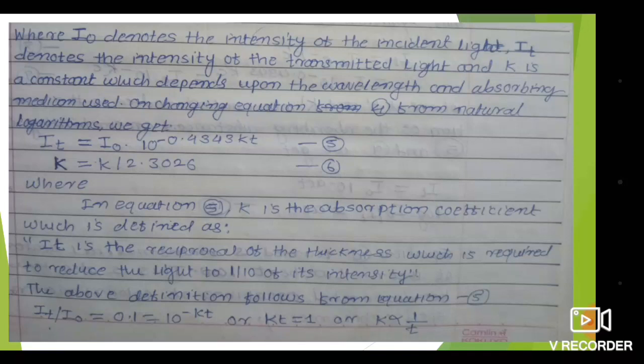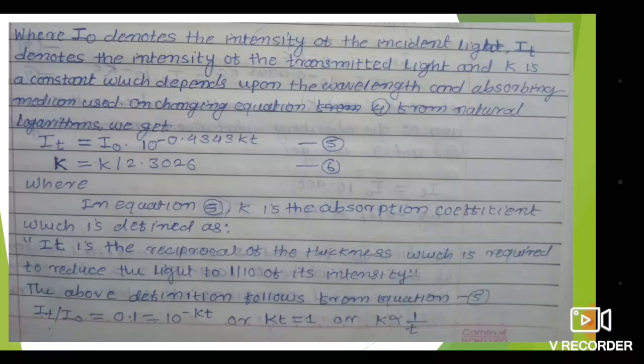On changing equation 4 from natural logarithm to base 10, we get IT is equal to I0 into 10 to the power minus 0.4343 kt. This is equation 5.